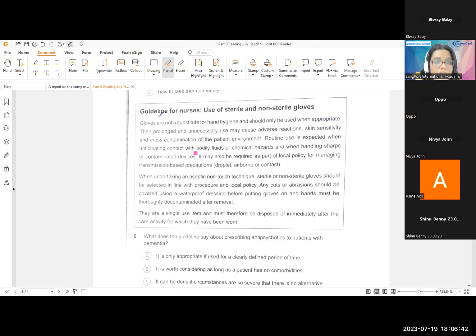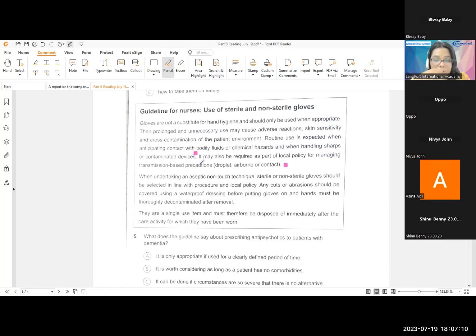Okay, next sentence, Blessing. It may also be required as part of local policy for managing transmission-based precautions, droplet, airborne, or contact. The usage of gloves can also be a requirement based on the local policy, local rules for managing transmission-based precautions.